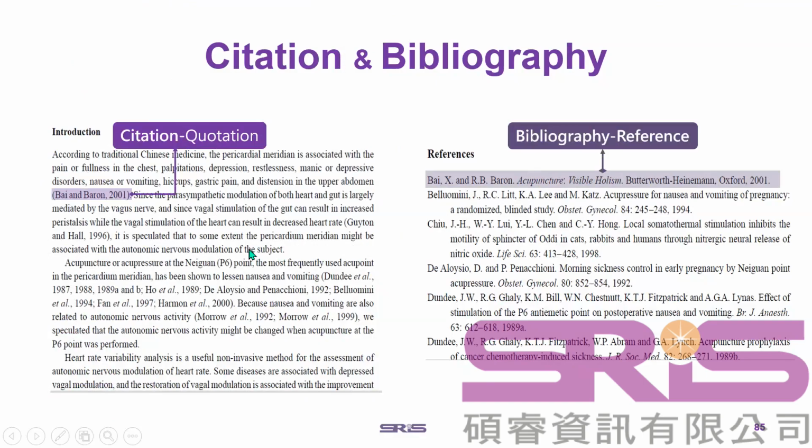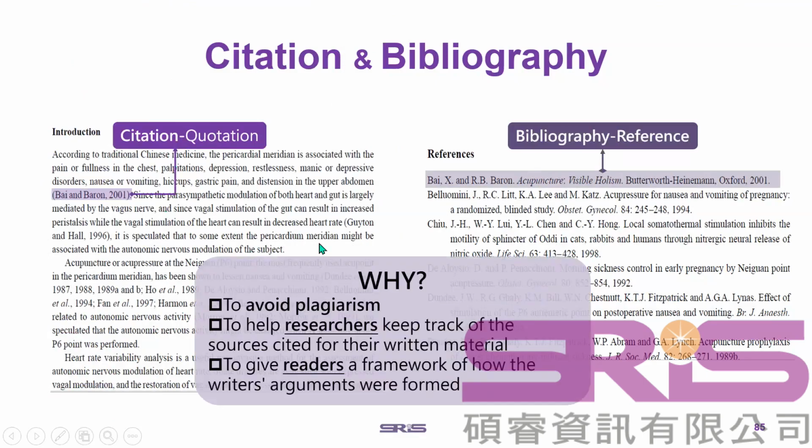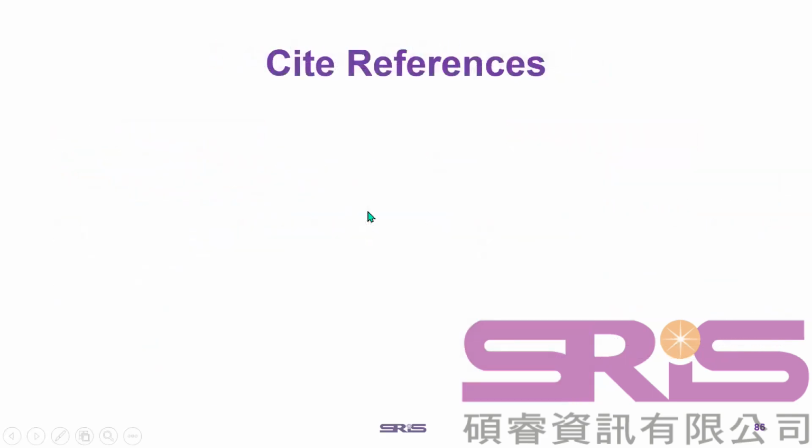This kind of citation can help us avoid plagiarism, keep track of the sources, and show your reader how your argument is formed. So this is very important, and I will show you a couple of ways to cite references.